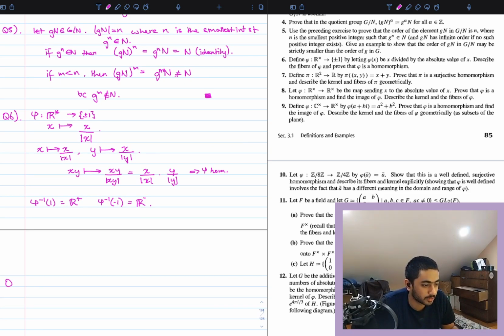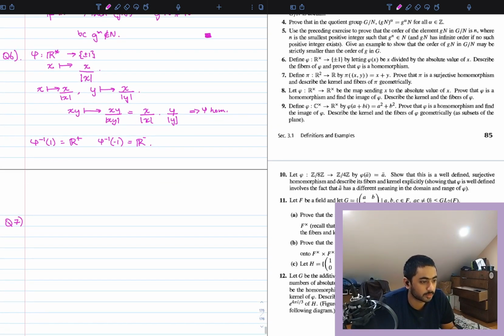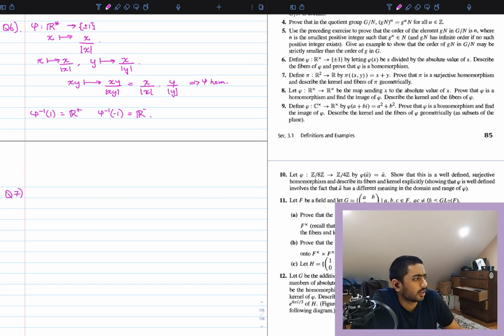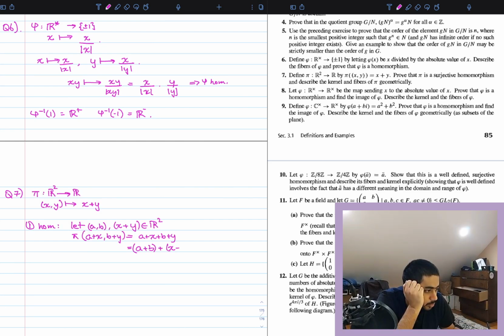So now question 7. That was a weird question. I guess this picks out the fact that it doesn't matter how big your numbers are, positive times positive is already positive, positive times negative is always negative, and x plus y is pi of ab plus pi of xy. So it's a homomorphism. We've got that.